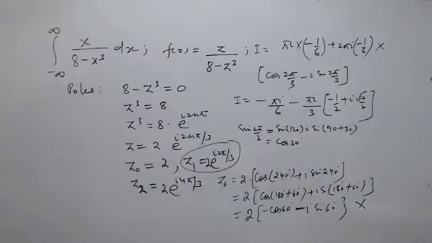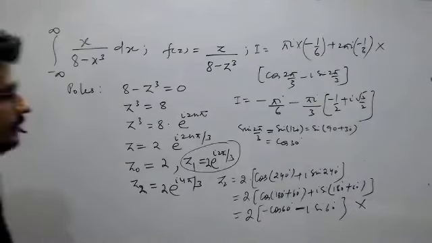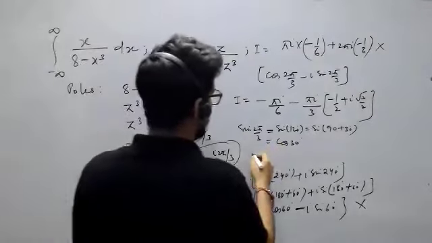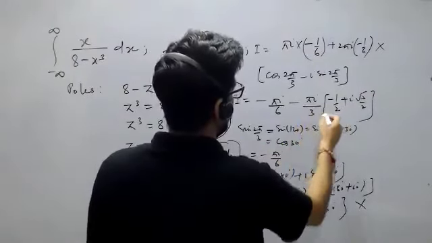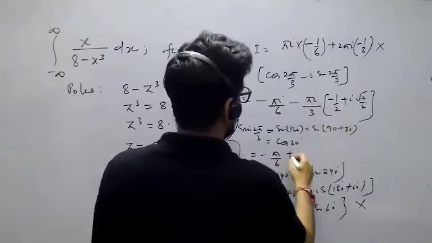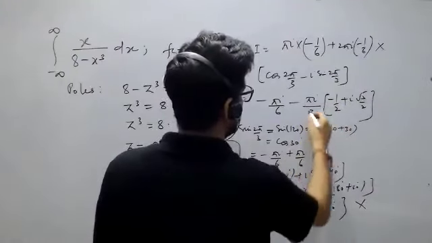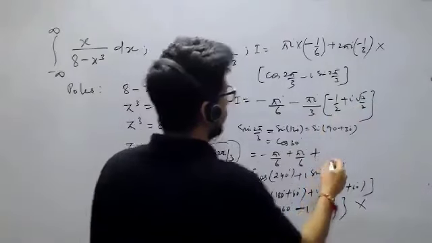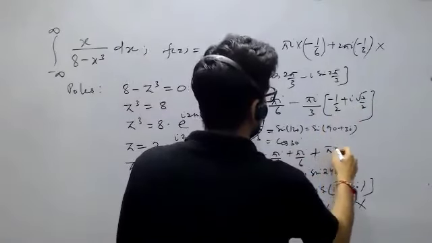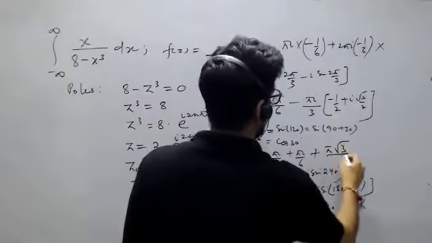Okay, sir. So what will it become finally? Minus pi i by 6. And what about this? Plus pi i by 6. And this plus pi root 3 by 6.